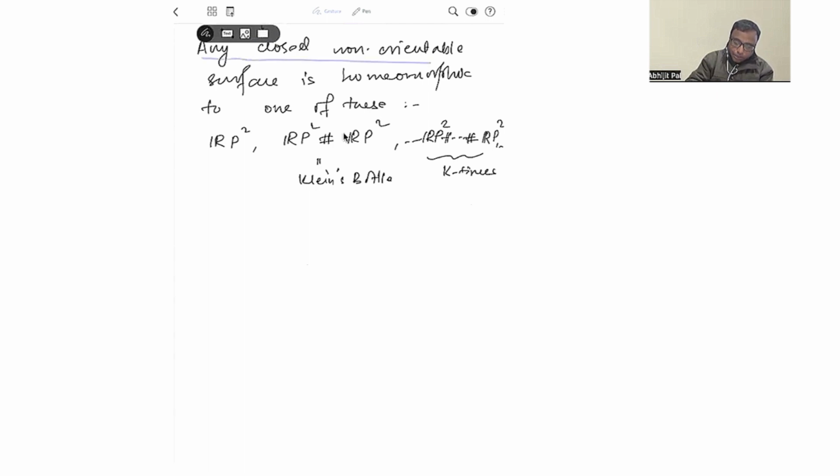Any closed non-orientable surface is homeomorphic to one of these: either RP2, or RP2 connected sum RP2, which means it is a Klein bottle, or k times connected sum of RP2. So this is the classification theorem. This is all about surfaces, and in some lecture we'll learn about the fundamental group of surfaces.